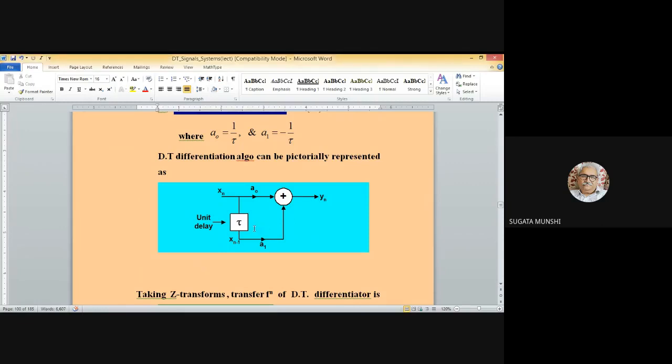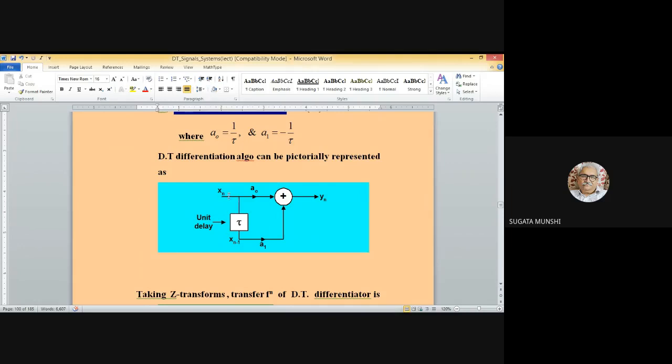So this is a causal discrete time differentiator. If you start with n equal to 0, at n equal to 0, you have x0 here. Here you are supposed to have x minus 1, but because we are dealing with a causal system and therefore causal sequences, x minus 1 will be 0. So x0 is multiplied with a0, and because this is 0, the product here will be 0. So a0 into x0 will give you y0.